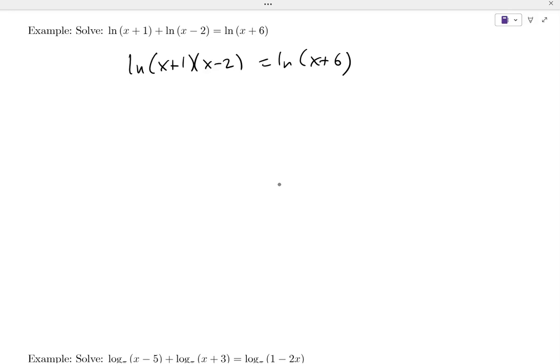So now I've got the log with the same base on both sides. These are both outputs of the same log function, and we say they're equal. Well, if the outputs are the same, the inputs have to be the same. So just like with exponentials, if you have the same logarithm on both sides, you can just equate the insides. And again, that's using the one-to-one property.